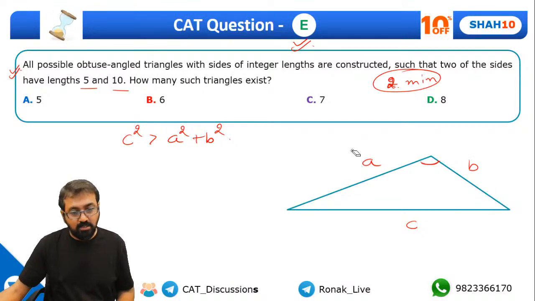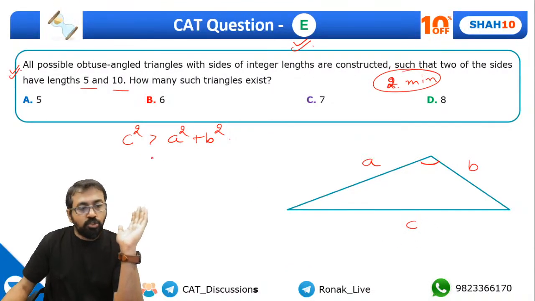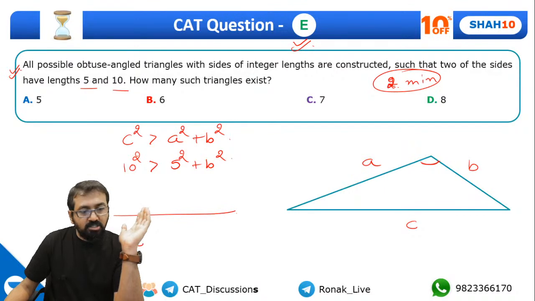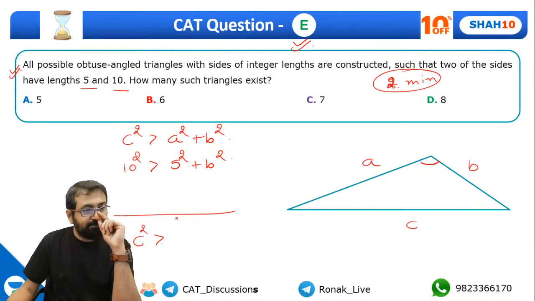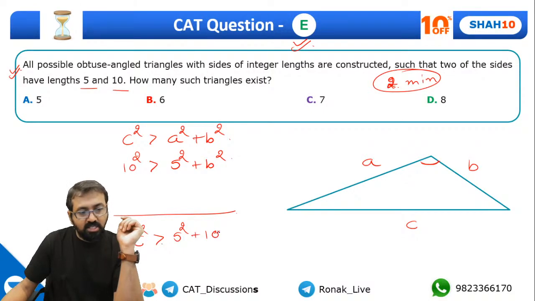See, there are two cases. Of course, in an obtuse angle triangle, the longest side will be C, the side opposite to the obtuse angle. So there is one possibility that this is 10. So 10 square should be greater than 5 square plus B square. This is one possibility. The other possibility is that C square is greater than 5 square plus 10 square.